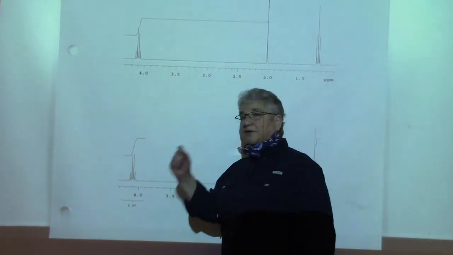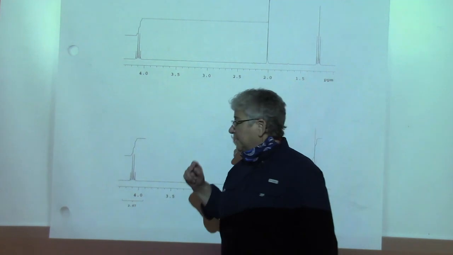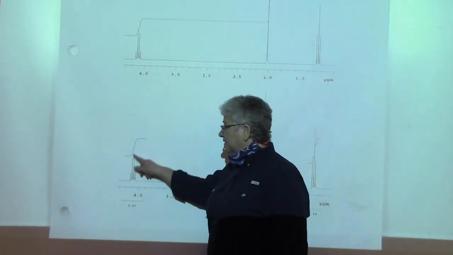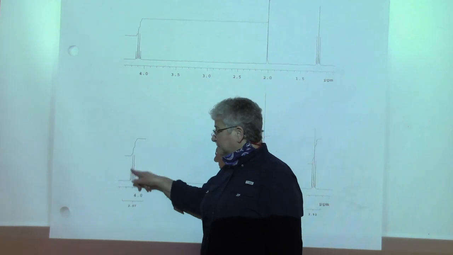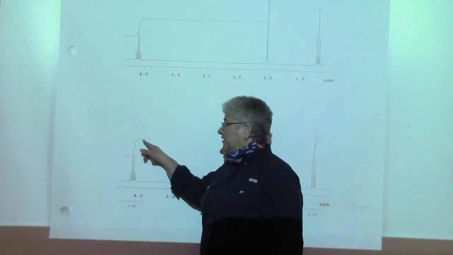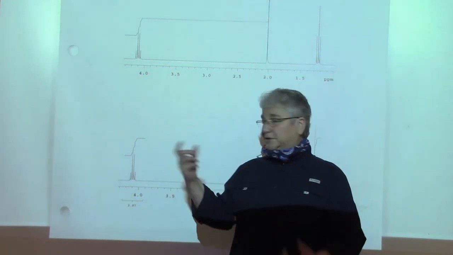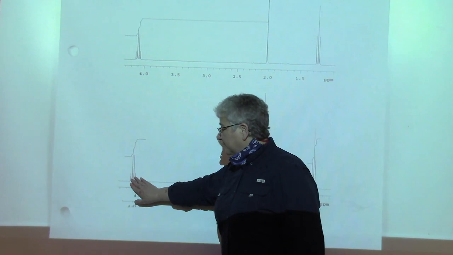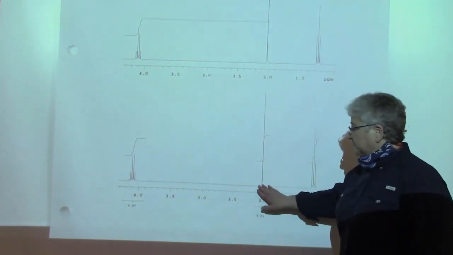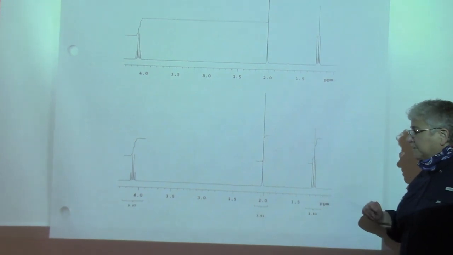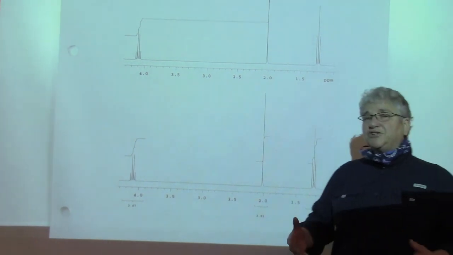And really what the computer is doing is simply measuring the area underneath each one of these individual little peaks. Right? It's measuring that area and equating it to, in this case, a line. It measures the area under that group of peaks, the area under that peak, and the area under this peak, and it spits out a ratio.